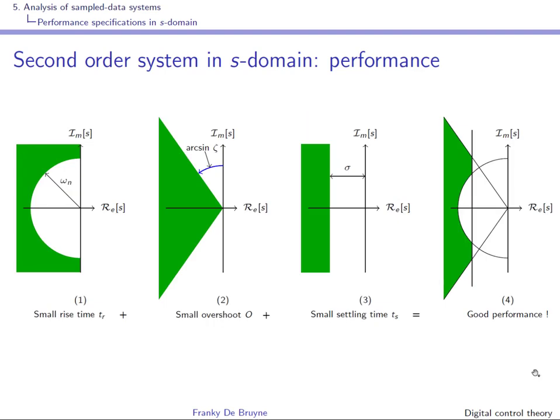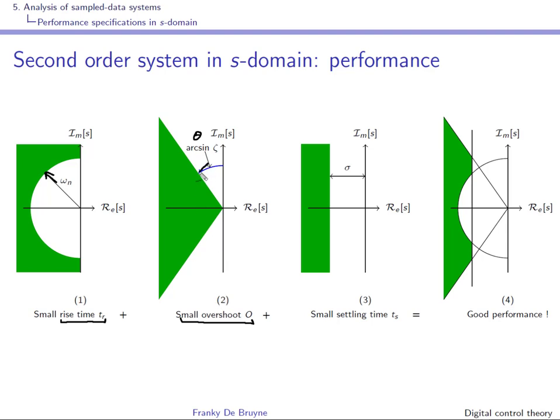Well, we have just seen that the rise time is influenced by omega n, the natural frequency, and if you push this way, you will decrease the rise time. The overshoot is related to this angle theta, which is indirectly related to the damping ratio.